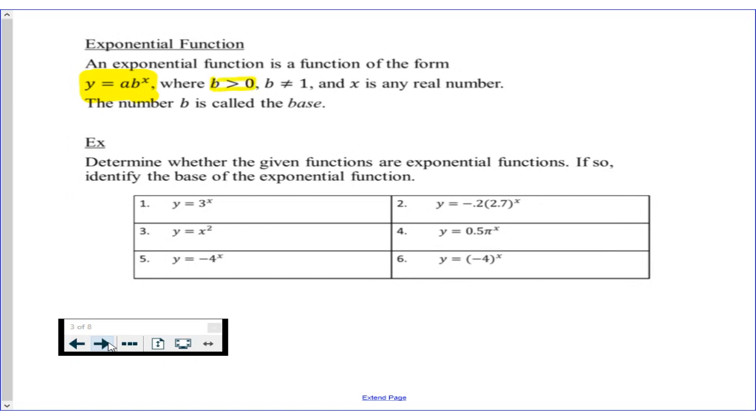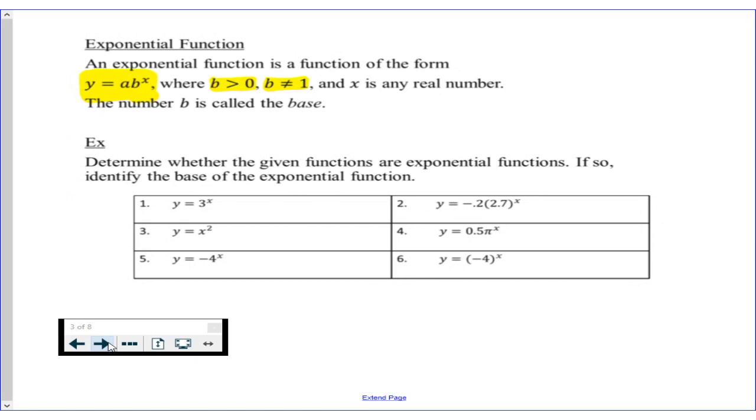b cannot be negative. The next condition, b should be different from 1. If it is 1, it's not an exponential function, it will be a linear function. b should be different from 1. This will be like a straight line, but exponential functions are curved.